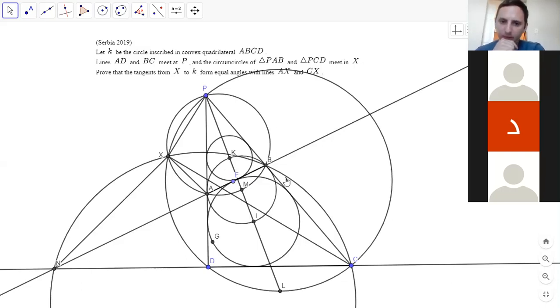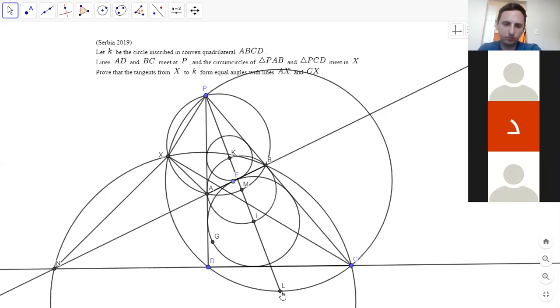Yes. So we need to prove that XM over XL is equal to IM over IL. XM over XL is IM over IL.